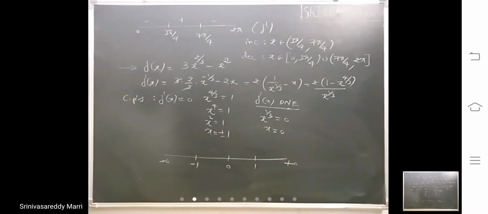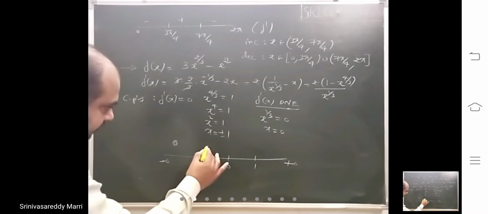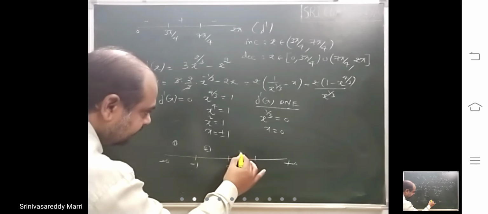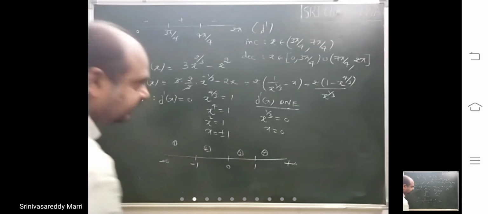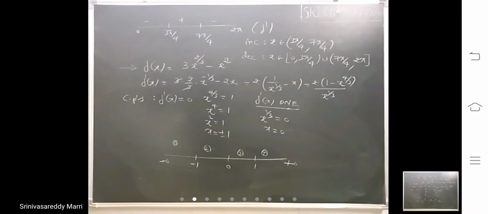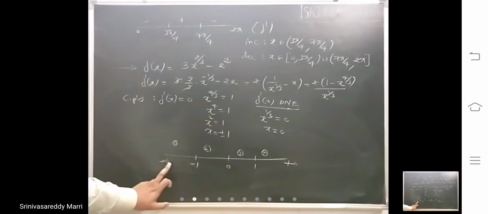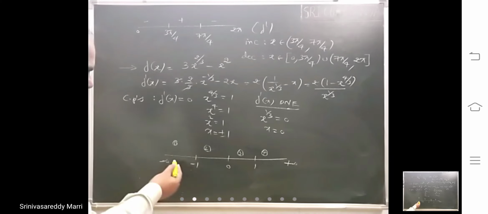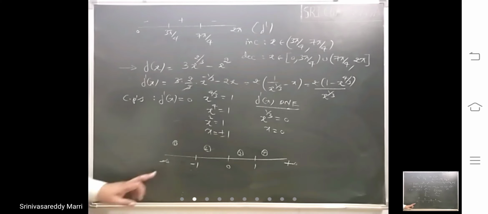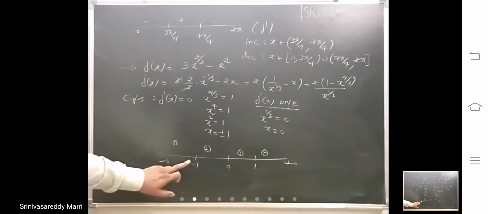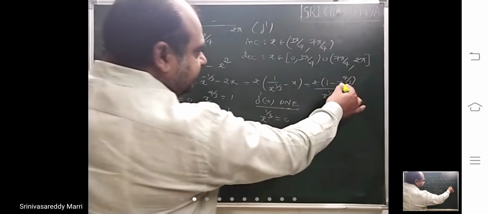Now you have to give the sign. First interval, second interval, third interval, fourth interval. 4 intervals are there. Suppose you are substituting a value from minus infinity to minus 1, you take one value of your choice. For convenience I am taking minus 8, such that the cube root will be gone.